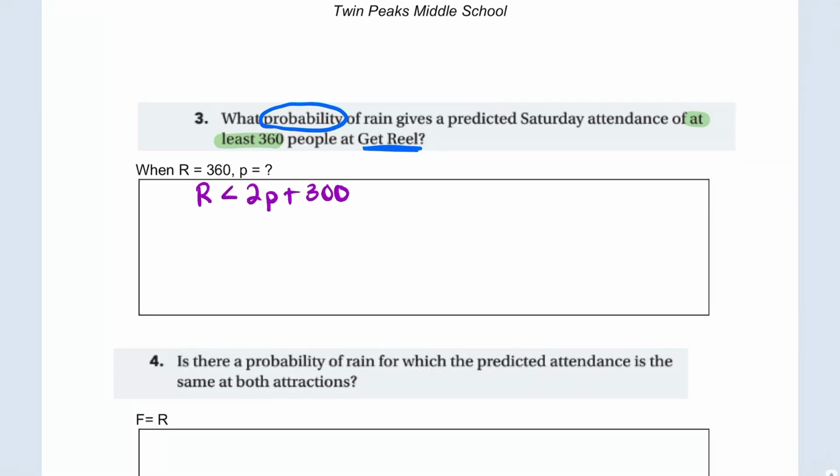Well, I'm going to change it to this. So I read this as R, or the attendance, is greater than or equal to 2P plus 300. Now, when I substitute 360 into this, let's see if this matches the question.